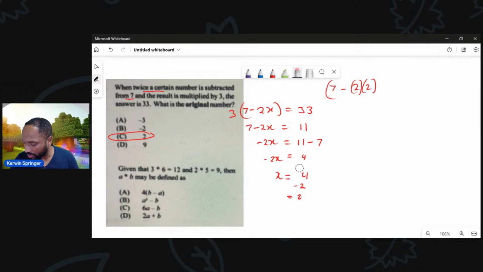Nearly messed up. So this is -2, and 4 divided by -2 gives -2. So the answer is actually not C, folks. The answer is B. If I double check by putting back in -2, twice a certain number subtracted from 7, multiplied by 3, I get 3 times 11, which is 33. So it does work out.